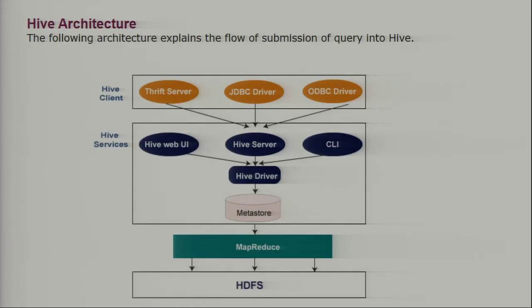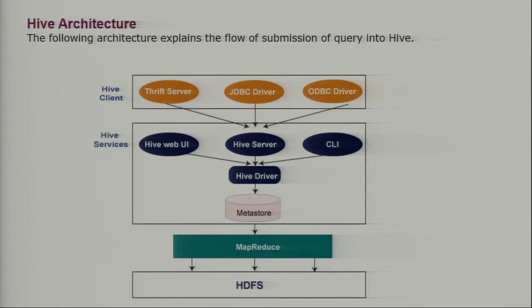Now, how exactly it performs: these components allow you to submit queries to the Hive system for execution, that is the user interface. We'll check one by one what each of these points means. Then we have the Hive client, the points to be connected to the server.